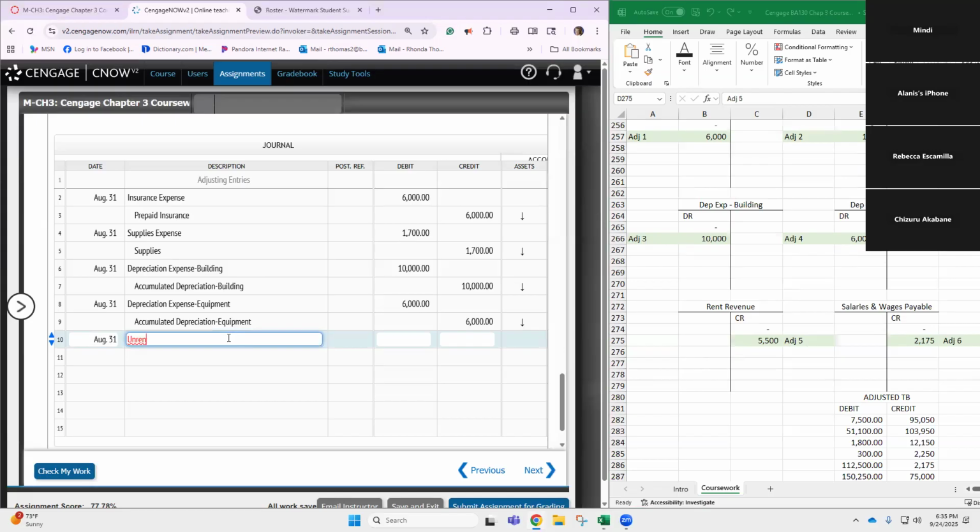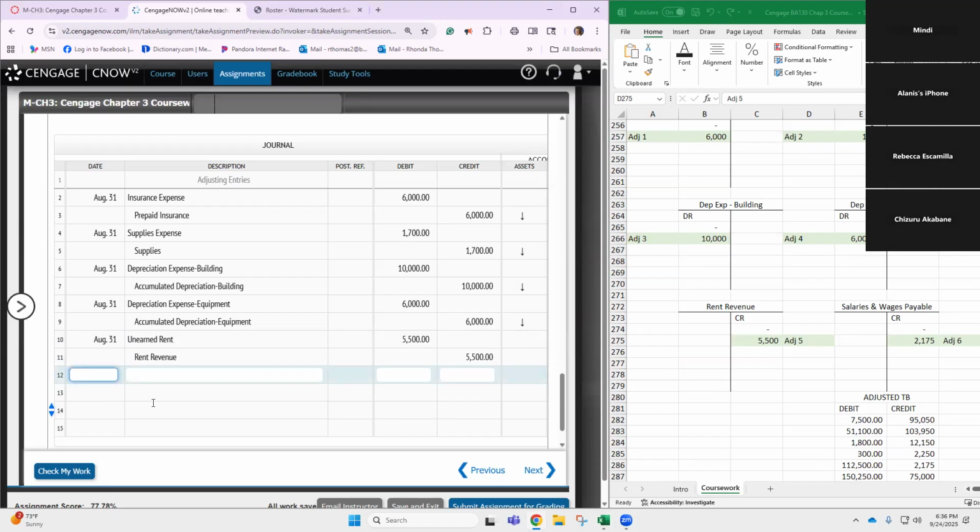So we had to calculate what the adjustment is going to be. Unearned rent. And wow, I still have nightmares about trying to understand this. Okay, we got a 5,500, and then we're going to show that rent revenue is good now because the time must have passed for that to be recognized, and we want to recognize revenue just as soon as we can. Okay, but not before. Okay, so that is number 5.